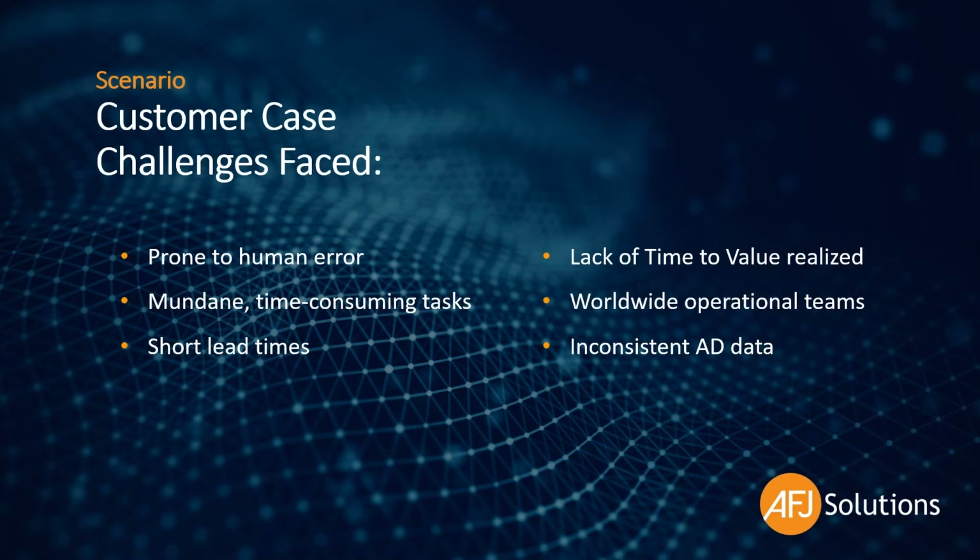We're not realizing the value that we get out of setting people up in the right way, first time and on time. We also have the challenge that they've got worldwide teams with some nuances in each area. Things like, where do people store their data, right? Shared drives, that kind of stuff.